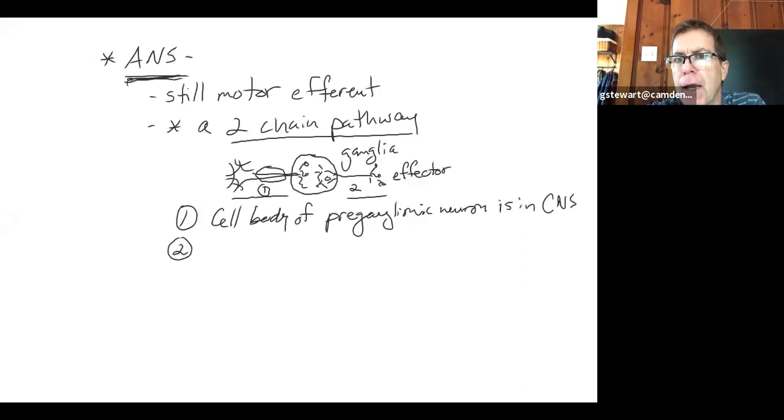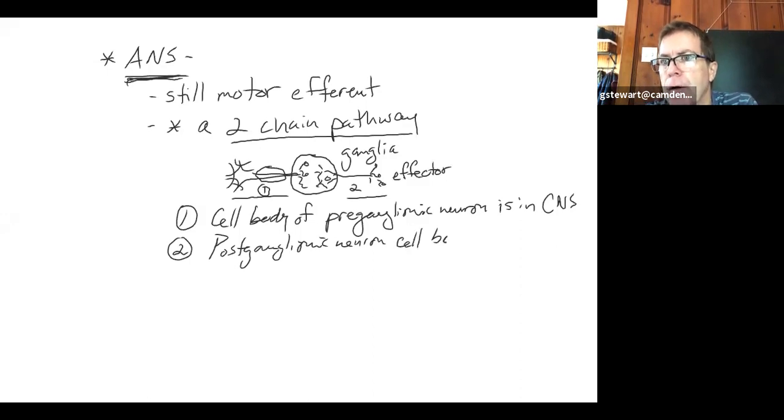The postganglionic neuron in this relay, this pathway, has a cell body in the peripheral nervous system, either close to the spinal cord or close to the effector organ. And that differs between sympathetic and parasympathetic divisions. We'll talk about that. And then obviously this axon reaches the effector organ.